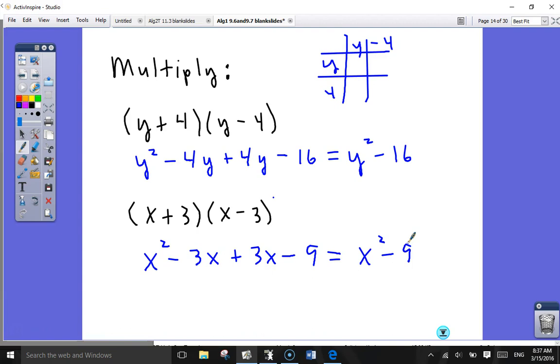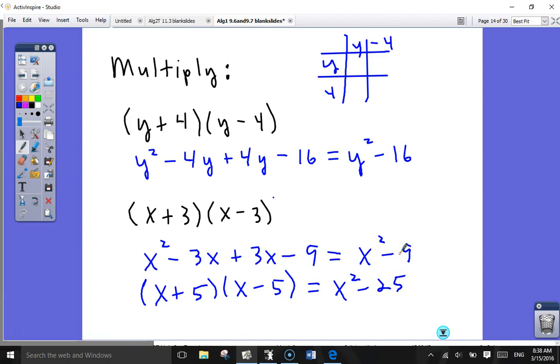What do you think I would get if I did x plus 5 times x minus 5? X squared minus 25, right? The 5x and the negative 5x would cancel, and all I would get is x squared minus 25.